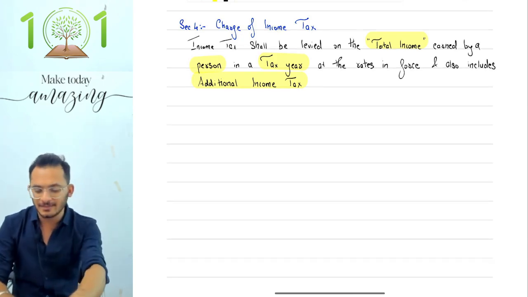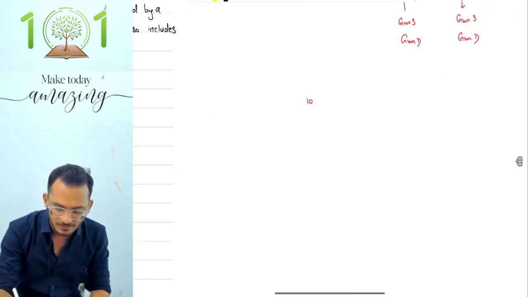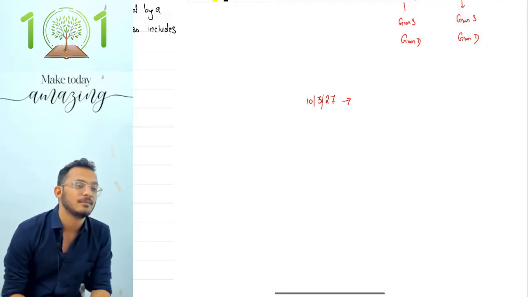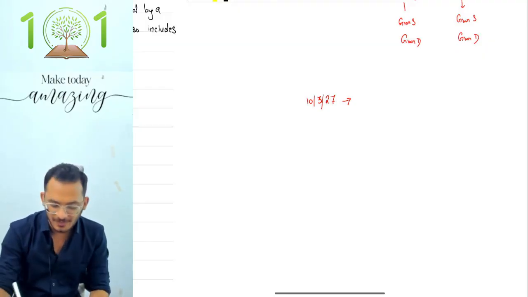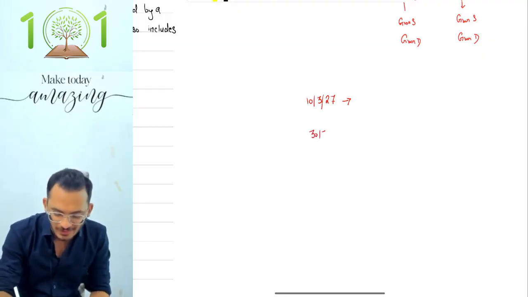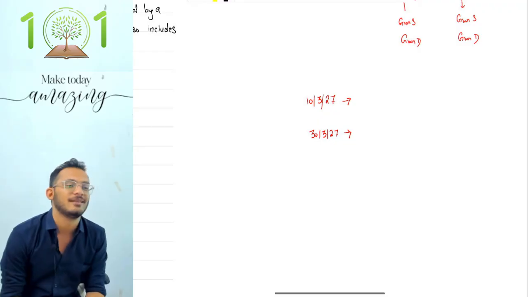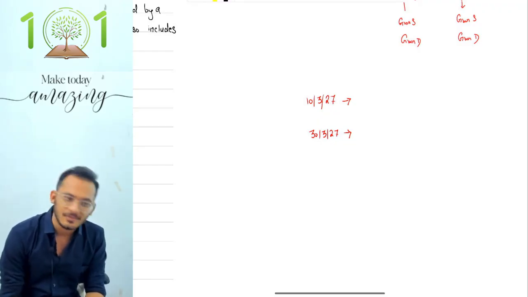If Rahul is starting his business on 10th of March, his TY is 10th March to 31st March. If Rahul is starting his business on 30th March 27, Rahul's TY is 30th March to 31st March.